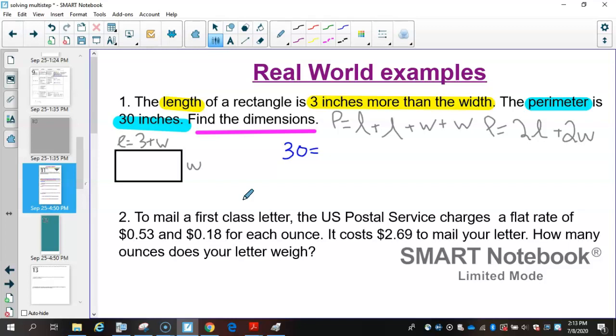We took that number and every time we saw x, we put that into the equation. Well, now we have an equation for L, but we're still going to use that to evaluate. So I'm going to use this and put it in parentheses and say that this equals L. So anytime I see an L, I'm going to put in parentheses 3 plus W. Oops, that was supposed to be a W.